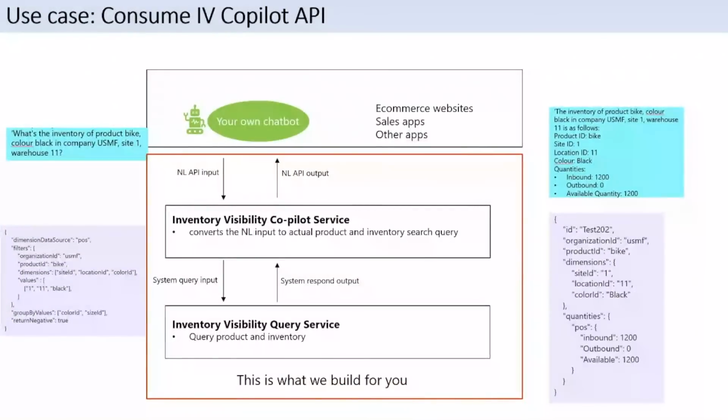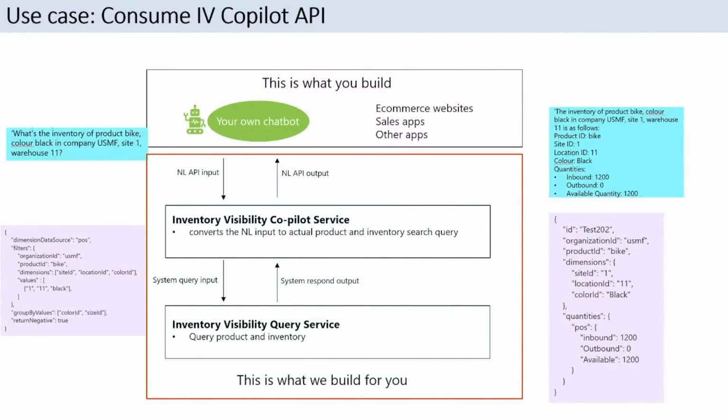So here is an architecture, or let's say a simple flow, of this inventory visibility Copilot API. The customer can ask questions like what's the inventory or product by color black in company USMF, site 1 and warehouse 11. We will pass this natural language to the inventory visibility Copilot service API, and we will call AOAI, the Azure OpenAI API, which means ChatGPT, to analyze this question and make sure the customer wants to ask for product or inventory.